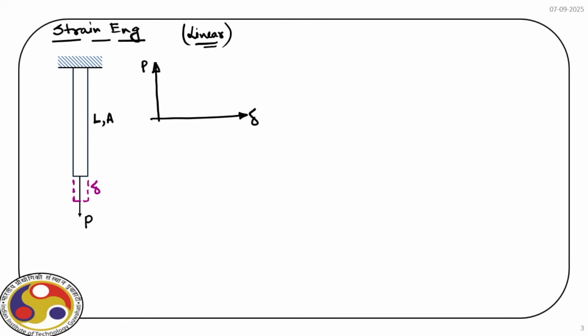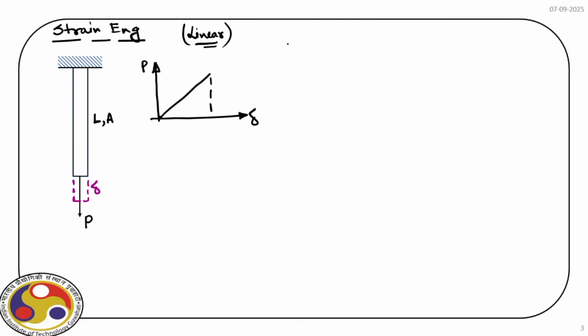So we can plot the P versus delta, which starts from 0, and because we have a linear structure within elastic limit, if we load the structure, it will follow this path. If we unload, it will again come back to its original position. So for zero loading, it will regain its original length, right?